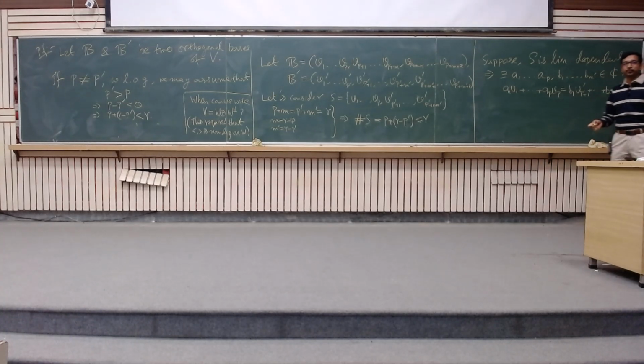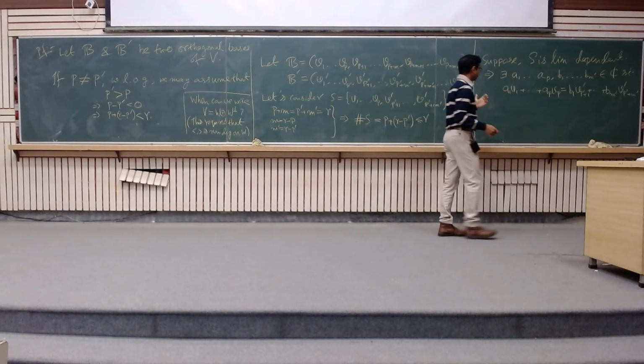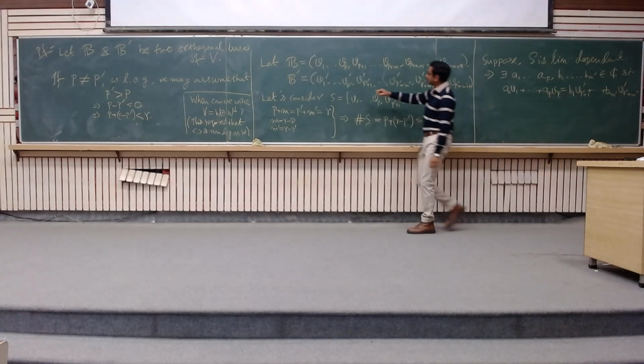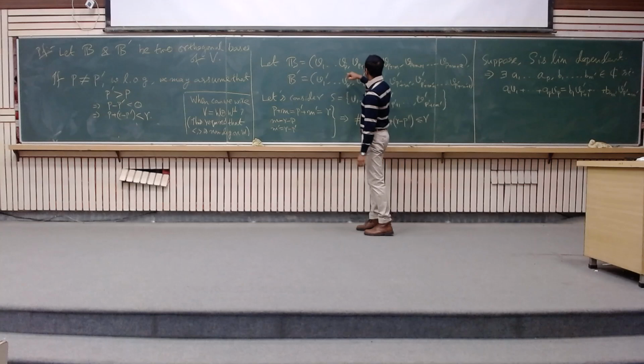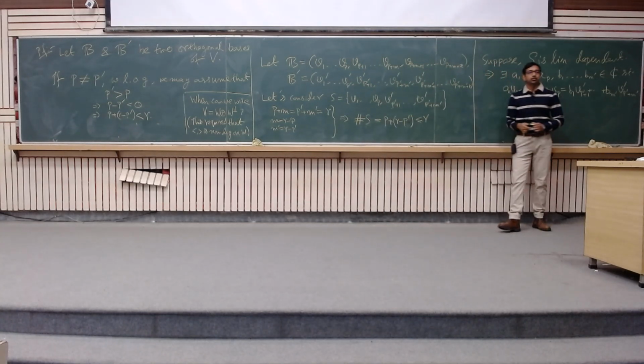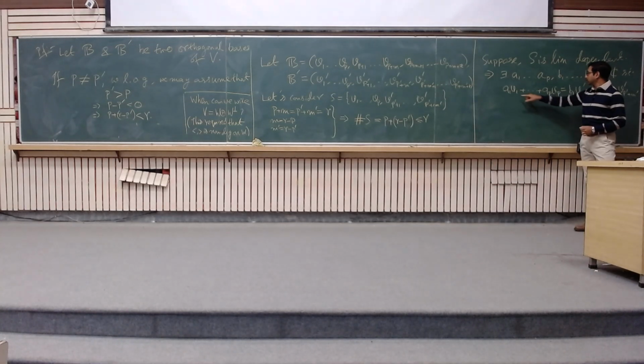How? Such a relation between the elements in the first part of the basis B and the second part of the basis B' would lead us to a contradiction. So what are the specialities of these basis elements?